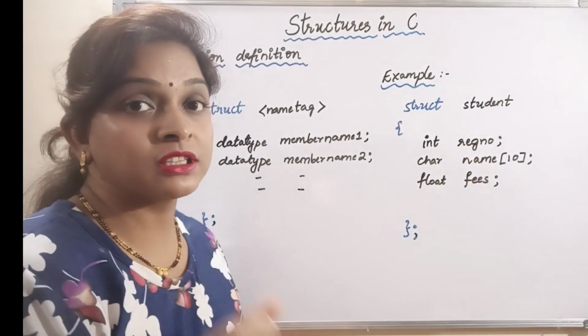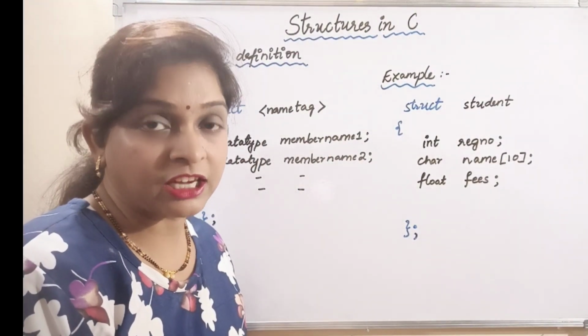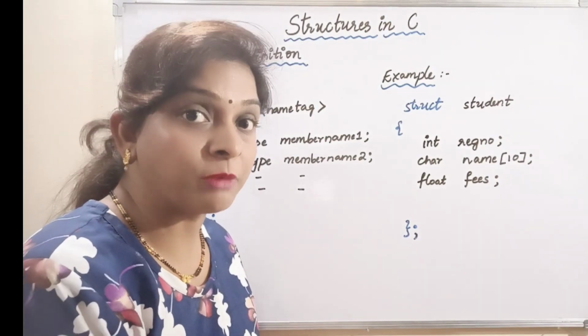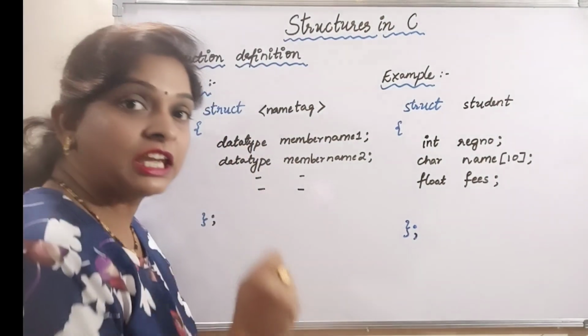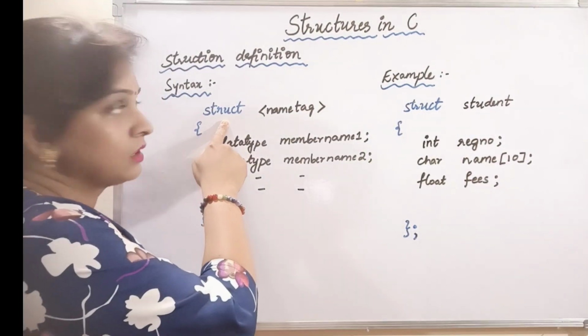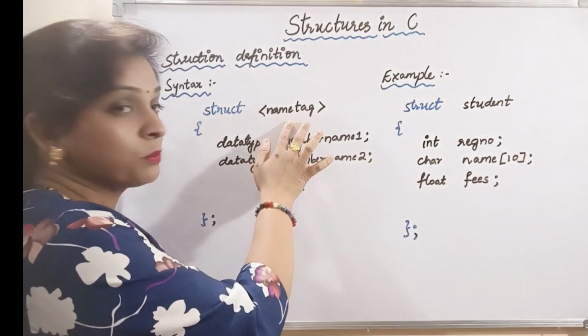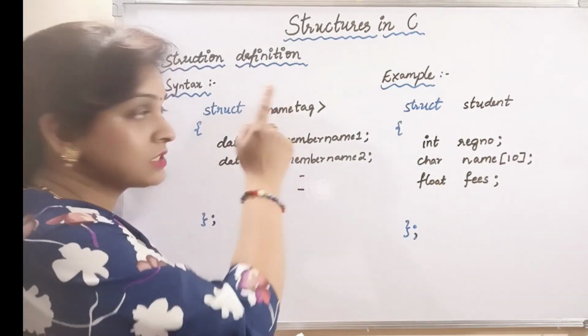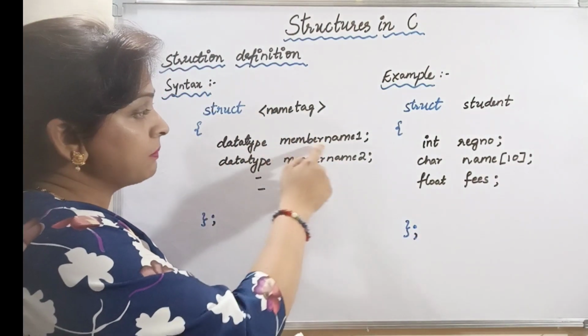So I have to mention the name of that entity that is going to represent different types of values of multiple types. So the keyword used here to define a structure is struct. It should be in lowercase, followed with the name tag. So you have the name tag and data type member names.